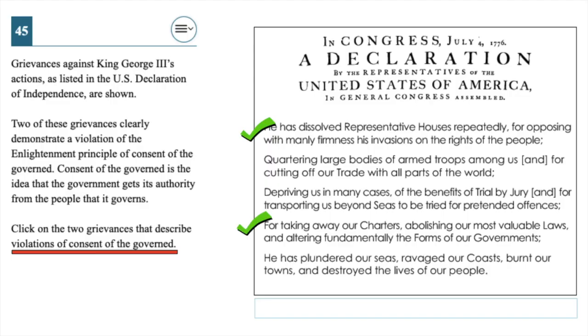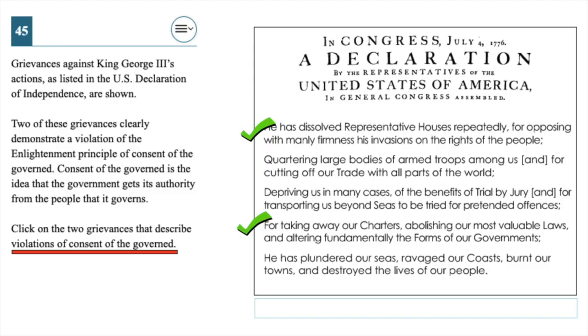The other correct answer says for taking away our charters, abolishing our most valuable laws, and altering fundamentally the forms of our government. That again talks about the consent of the governed. The people are creating these charters, passing these laws, electing their representatives. Taking that away violates the consent of the governed. You're now ruling over us without our consent. You've taken away the groups that we have consented to and replaced them with something else.